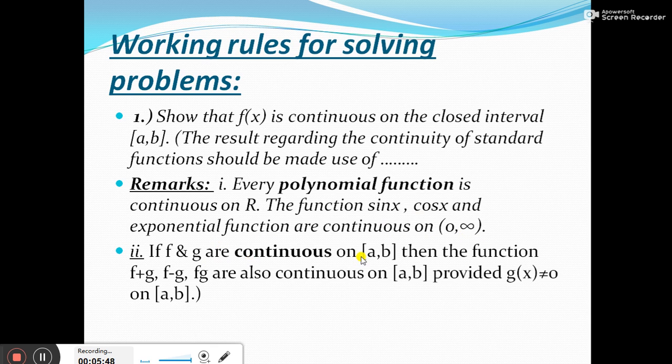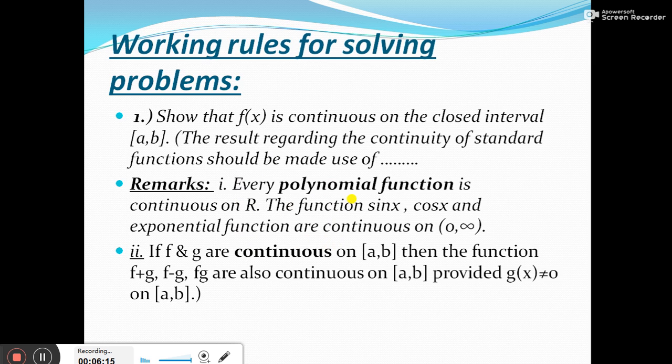If f and g are continuous on the closed interval [a, b], then the functions f plus g, f minus g, fg and f by g are also continuous on the closed interval [a, b], provided g(x) is not equal to 0. That means to show the function is continuous on the closed interval, we have to use these remarks.